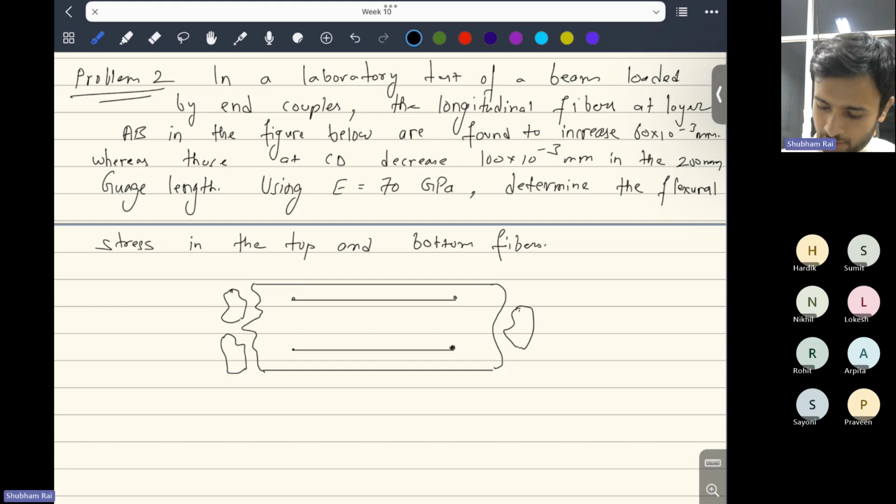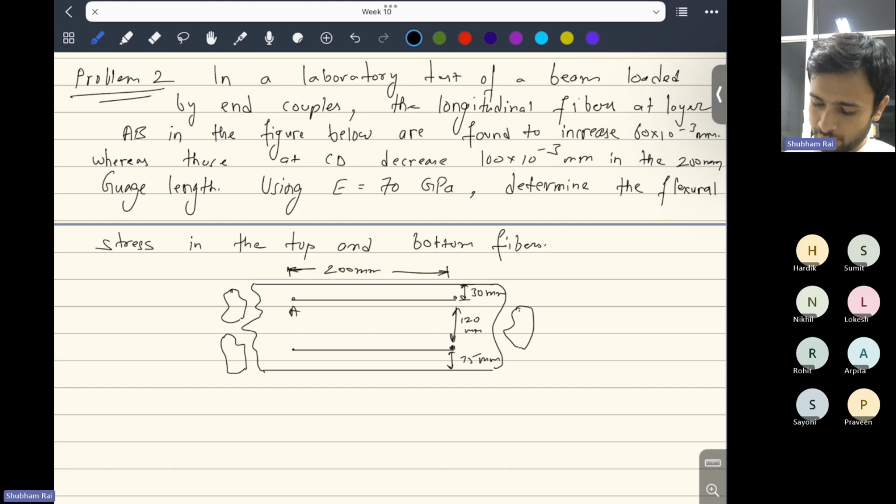Okay. So this gauge length is 200 mm and this distance here is 30 mm, whereas this distance is 120 mm and this distance is 75 mm, right?